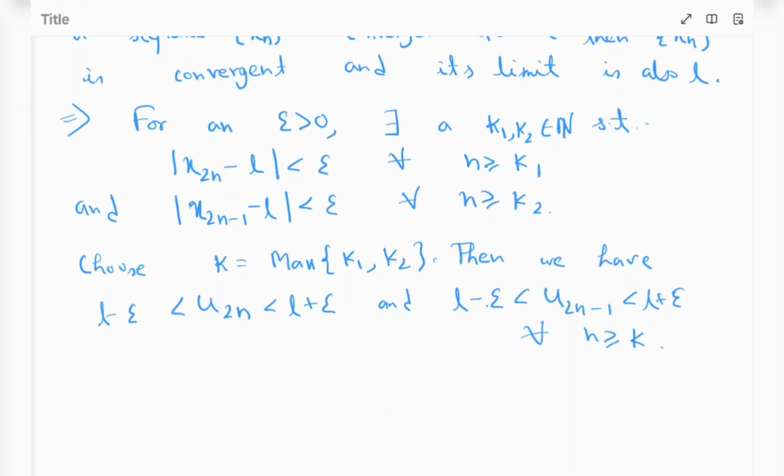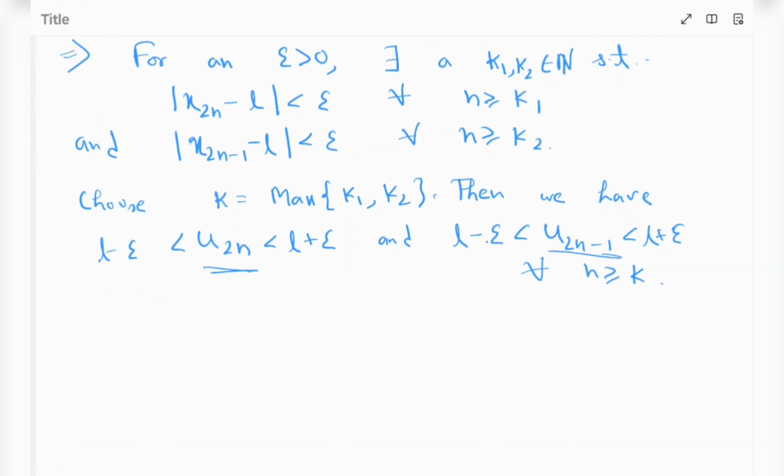Now you see, for n greater than or equal to k, your index will be either even or odd. So it will be either in this form or in this form. There is no other way, right? So obviously combining these two, you can say L minus epsilon is less than xn is less than L plus epsilon.